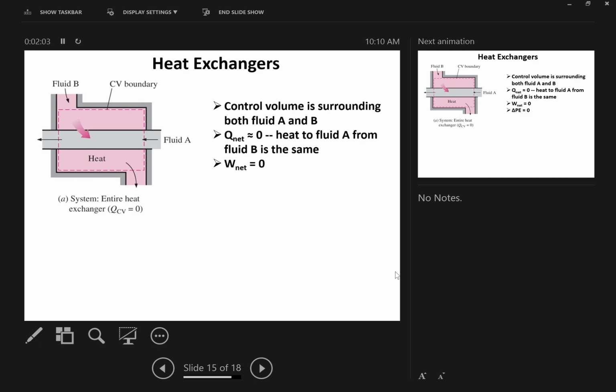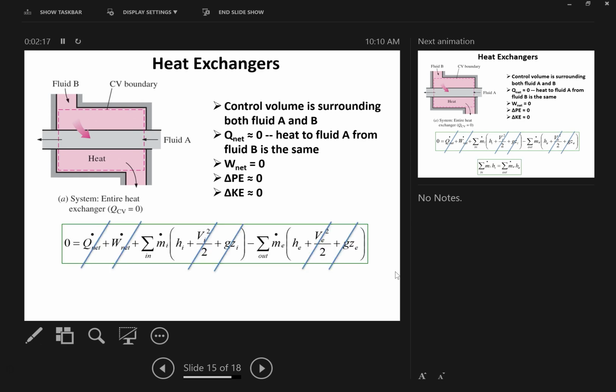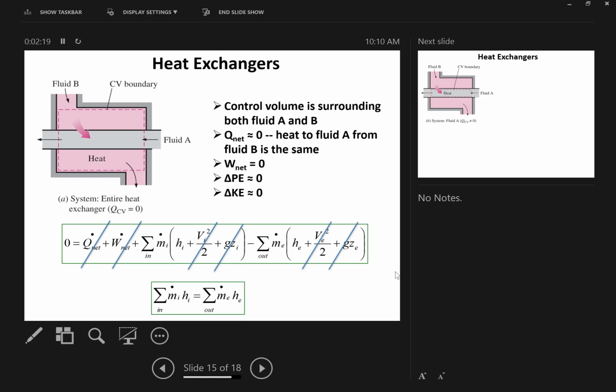In this system, there's no mechanical work. The change in your kinetic and potentials, we're going to assume 0 for just this case. And we end up writing the first law, and when we cancel stuff, we end up getting this. Okay?